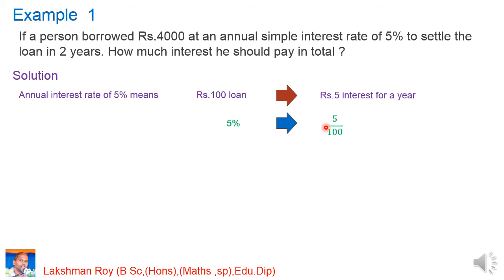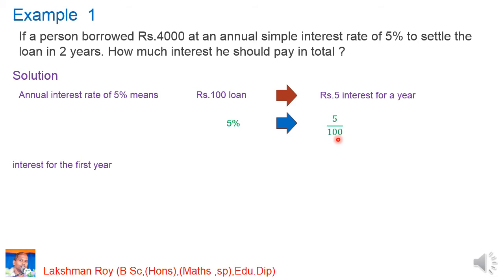Example 1. They have given that the person borrowed 4,000 rupees. We should calculate interest for 2 years. That means you should calculate interest for the first year and the second year, then add. So let's see what happens. First I'm going to calculate interest for the first year. 5% means 5 over 100.